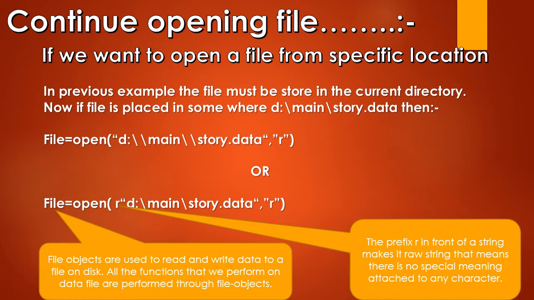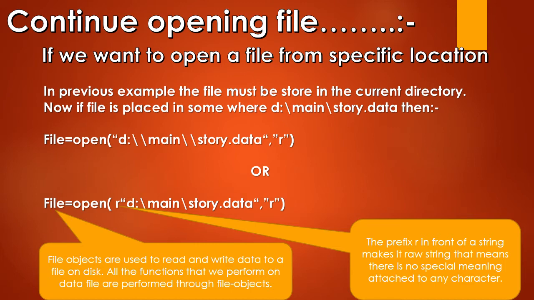Next, if our file is placed somewhere else, suppose it is named story.data and is in the main folder of the D drive, then we can open this file with the file object name, open, and the path of the file given as d://main/story.data, and R is the mode.